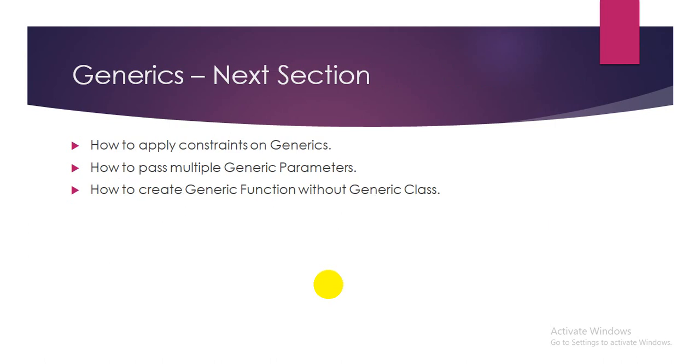In the next section, we will see how we can pass multiple generic parameters, what constraints we can apply over generics, and suppose you have a normal class and want to create a generic method in a non-generic class, then what the syntax is. All these topics we will cover in the next section.